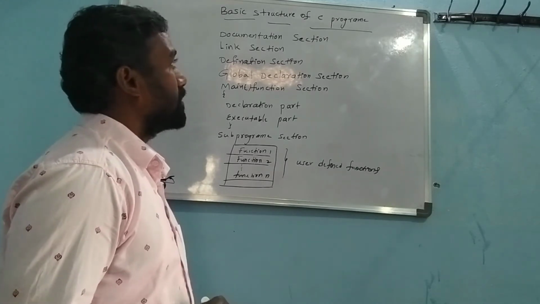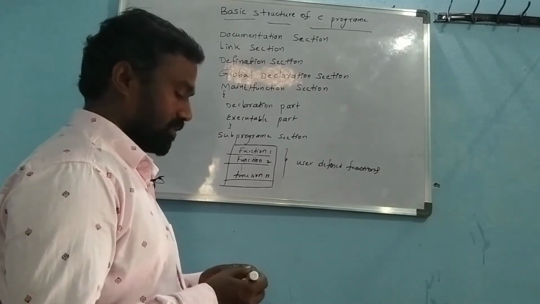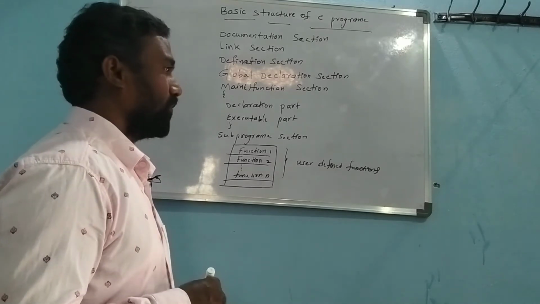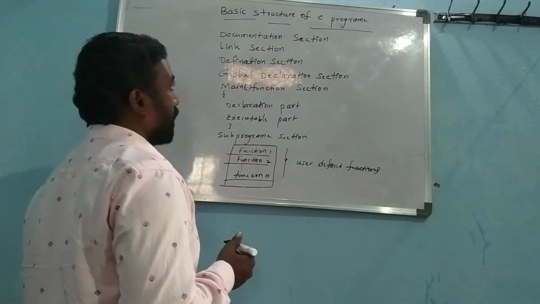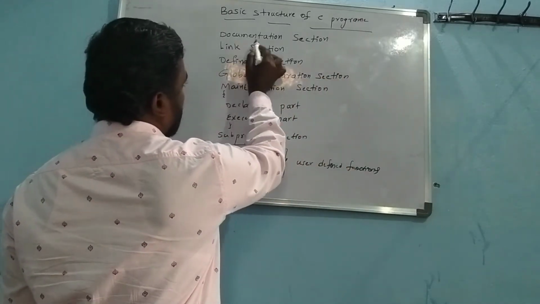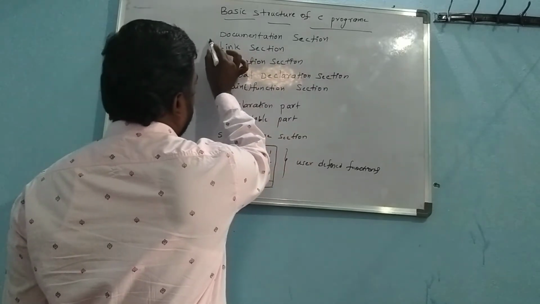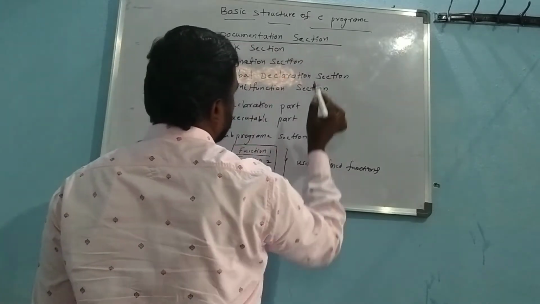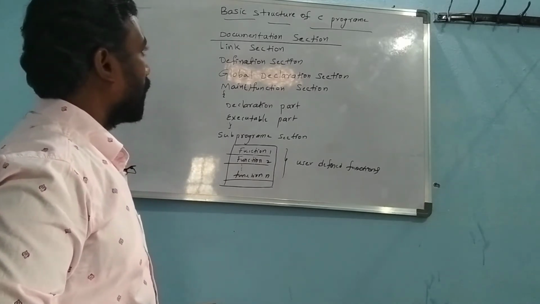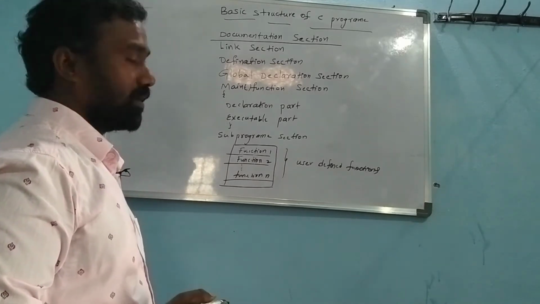Within this basic structure of the C programming language, there are some sections available. The first section of the basic structure of C programming is the documentation section.